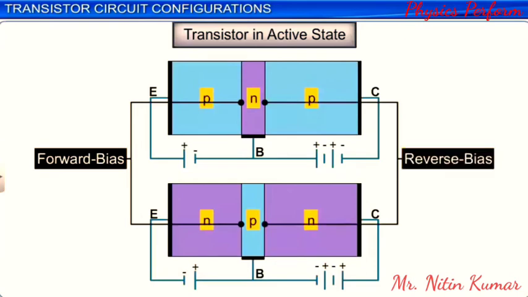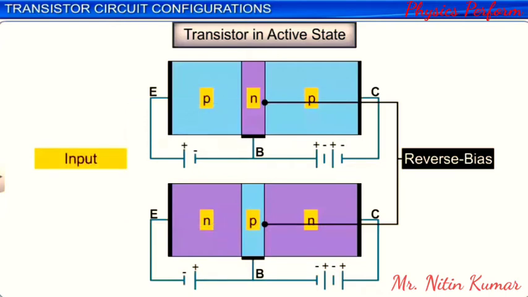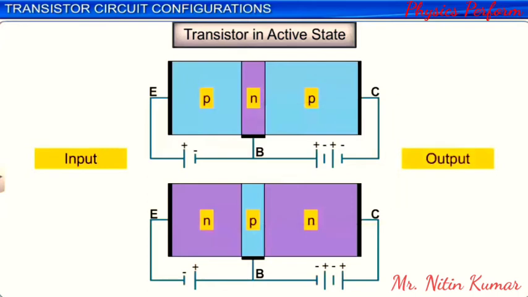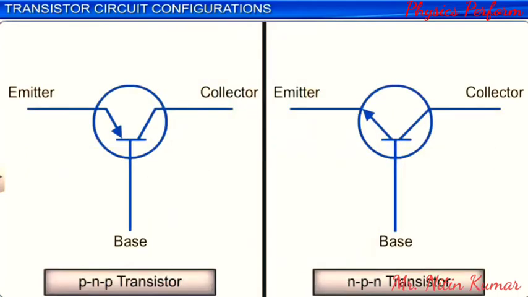While biasing a transistor, the forward biased connection is called the input circuit and the reverse biased connection is called the output circuit. Since a transistor is a three-terminal device, one of its terminals is common to both input and output. This gives rise to three transistor circuit configurations.